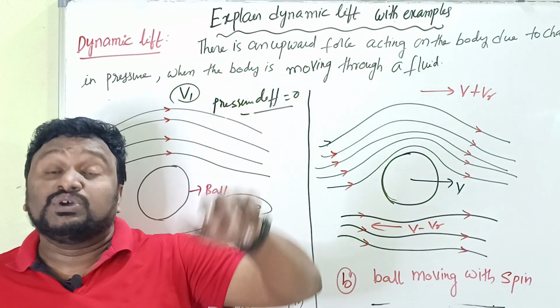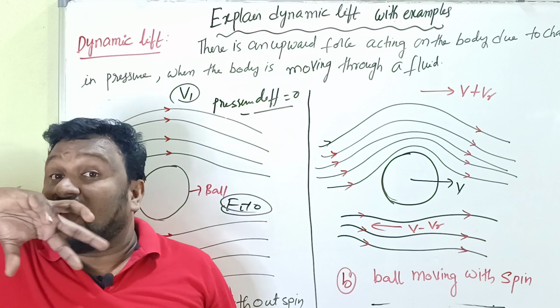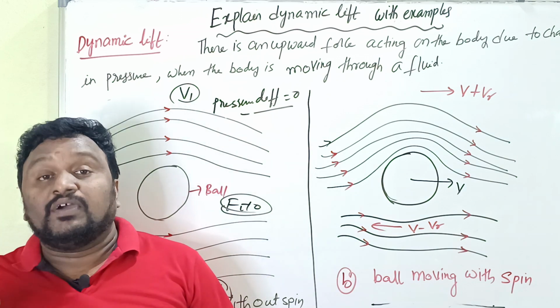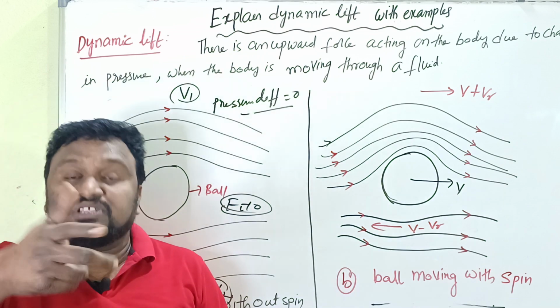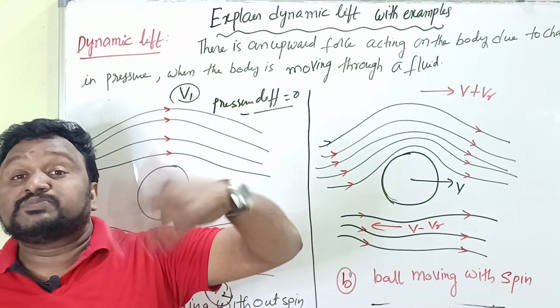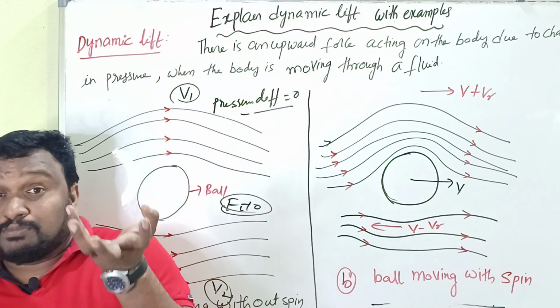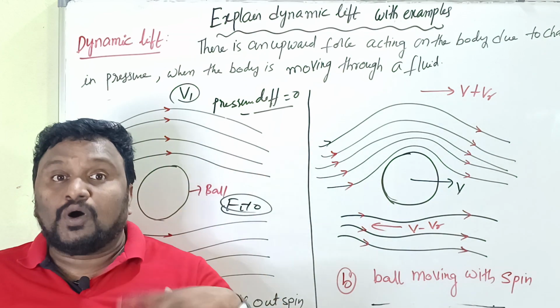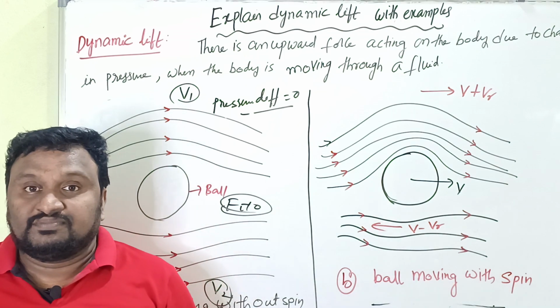When it is rubbed, the ball will drag the air along with it. When a spinner spins the ball, while the ball is spinning in motion, it drags the air along with the ball in the same direction. Clear?